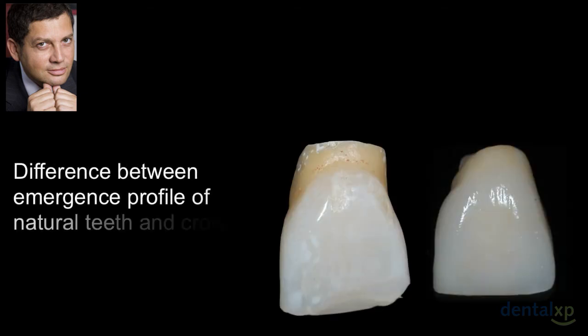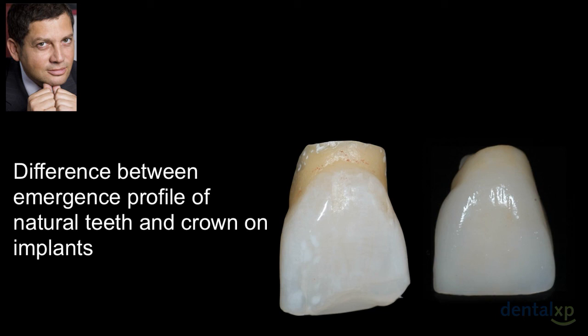Now, we were talking about different designs of emergence profile at the buccal aspect. The emergence profile can be straight, concave, and convex. If we look at the emergence profile of a natural tooth, sometimes the part of the tooth which is apical to the CEJ line, 2-3 millimeters apical of the CEJ line, is the part of the tooth which supports the soft tissue.